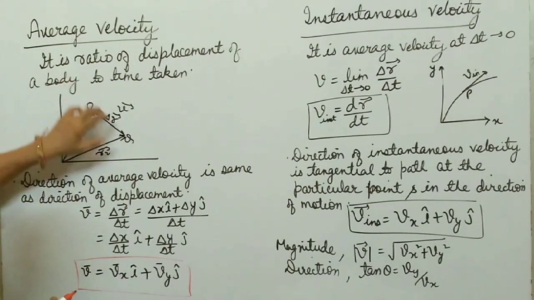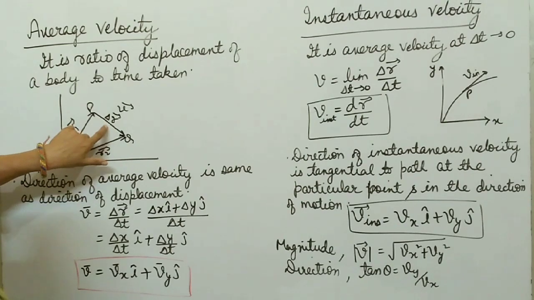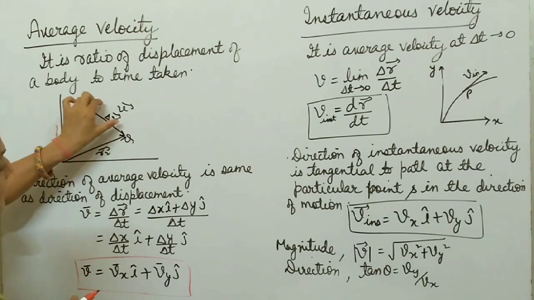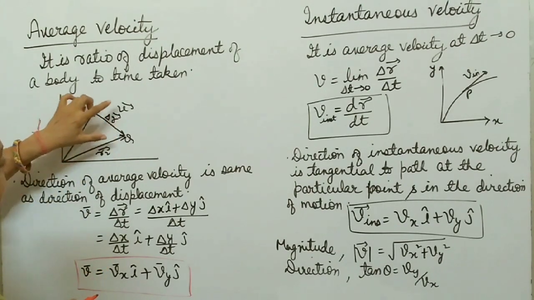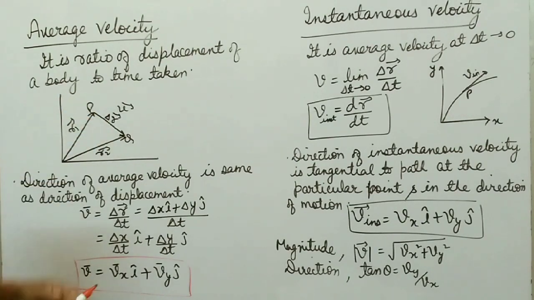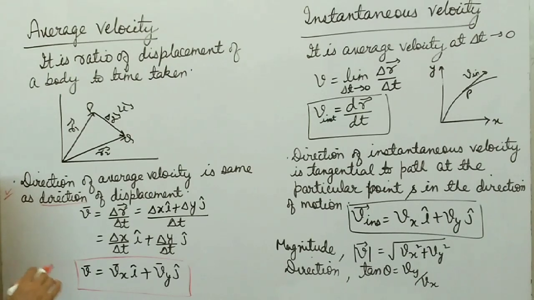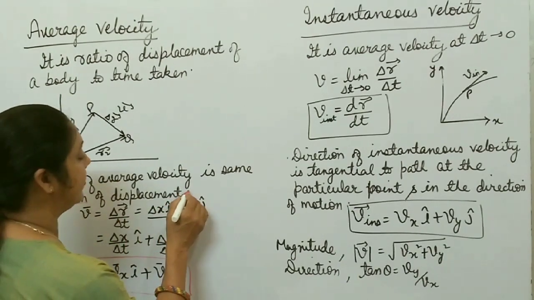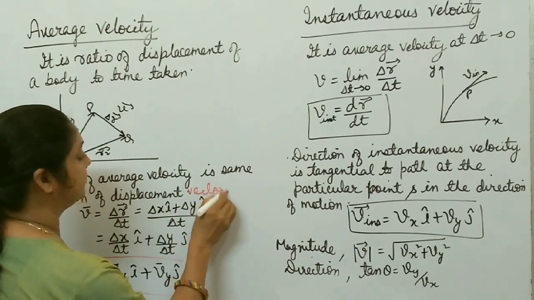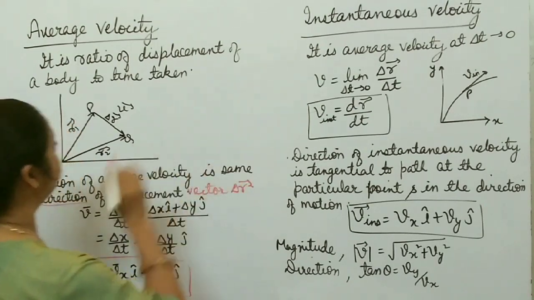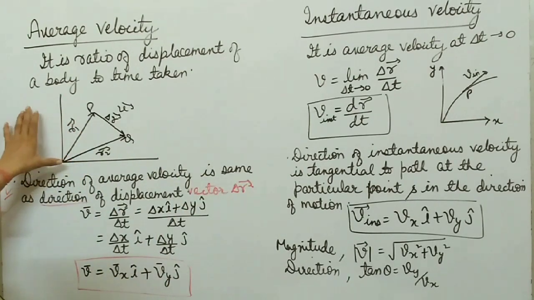Its direction is the same as the direction of the displacement vector, from P to Q, displacement vector delta r. So average velocity is also from P to Q. So the direction of average velocity is the same as the direction of displacement vector delta r, right? Hope it's clear to all of you. So this is about average velocity.